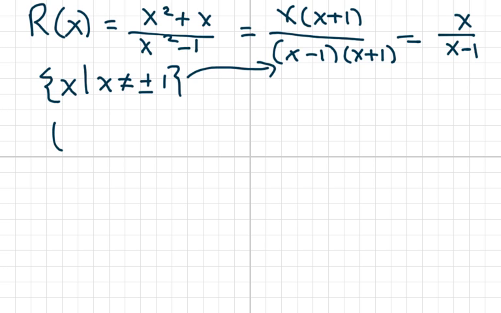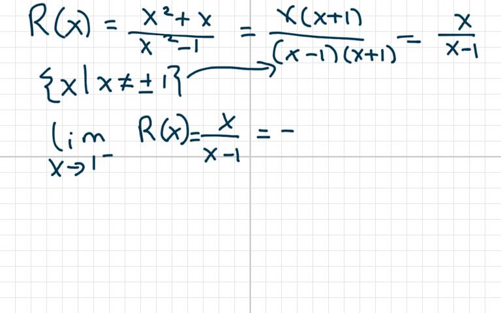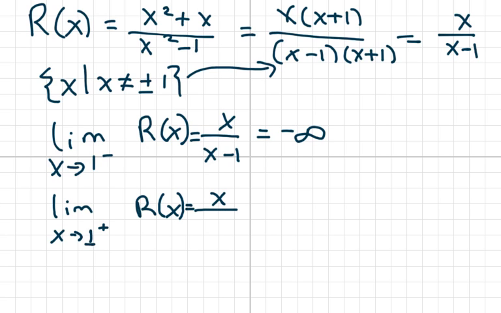So what we're going to do is take the limit as x approaches 1 from the left of r of x, and that's x over x minus 1, and that's going to go to negative infinity, and the limit as x approaches 1 from the positive side of r of x, x over x minus 1, that's going to go to infinity.